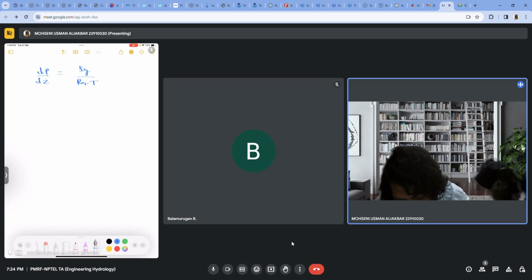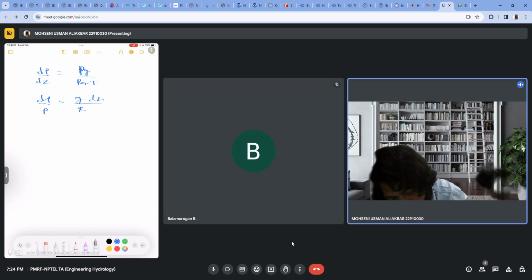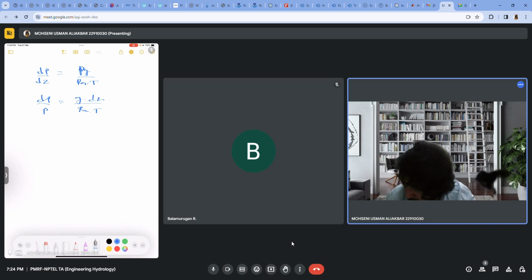Now we are going to keep the pressure terms on one side and the height terms on the other. So dP by P is equal to g dz upon Ra of T. And what is dz?